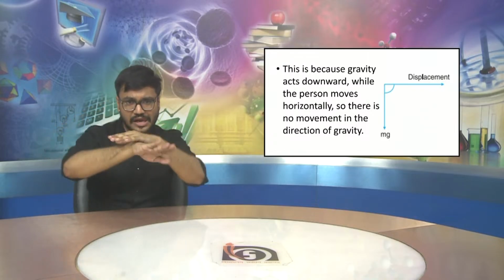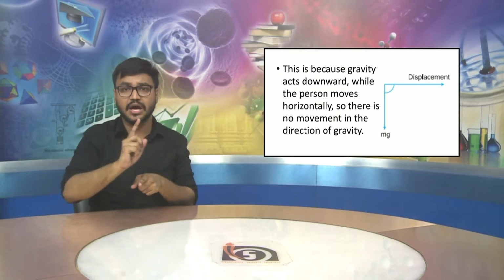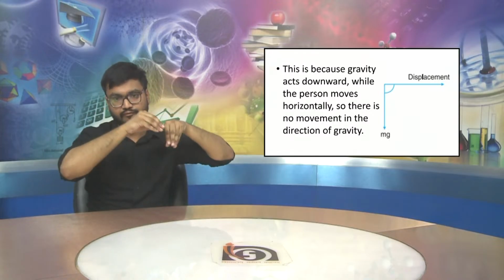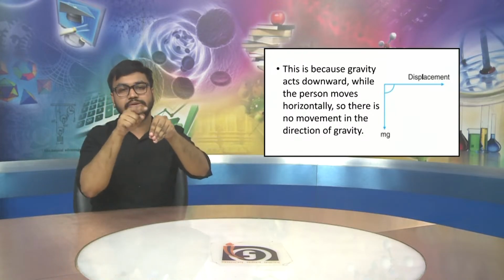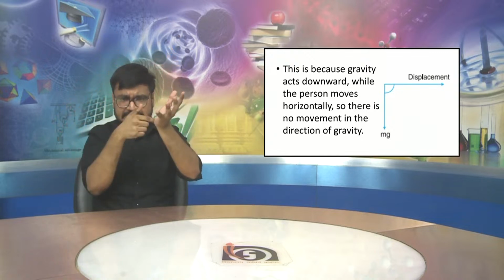This is because gravity acts downward while the person moves horizontally. So there is no movement in the direction of gravity.